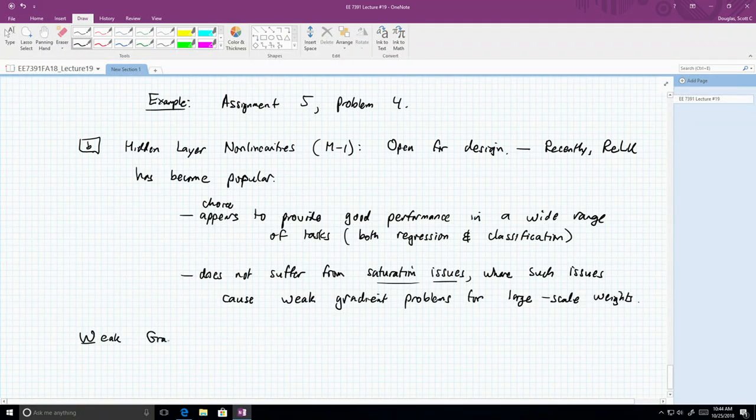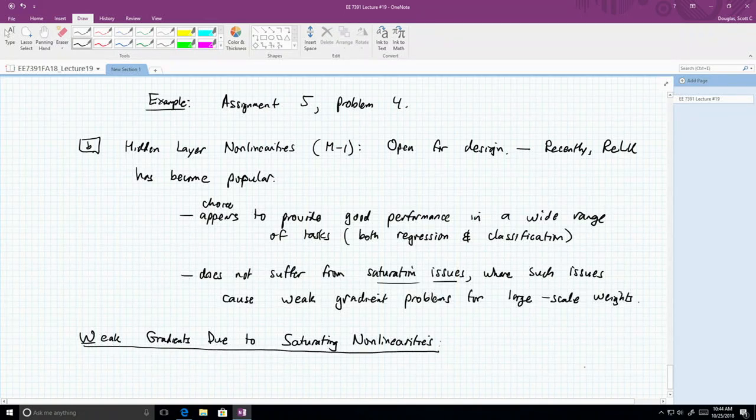Weak gradients due to saturating nonlinearities. That's the issue I want to get into.